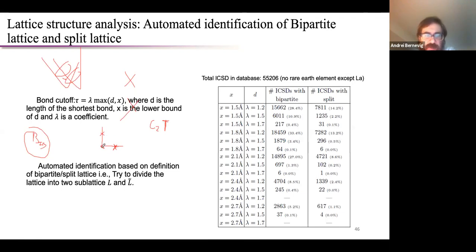Okay, and this is a Wyckoff position. This is 1A, right? It's invariant under C2 and time reversal. Anyways, there are some. Let's have just C2: this is 1A.